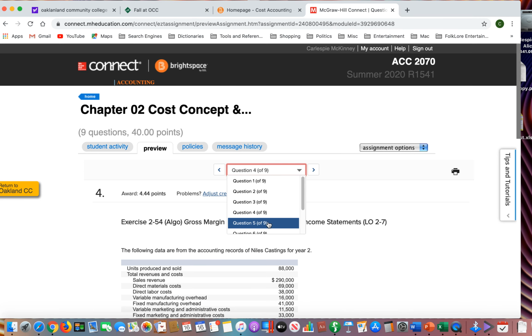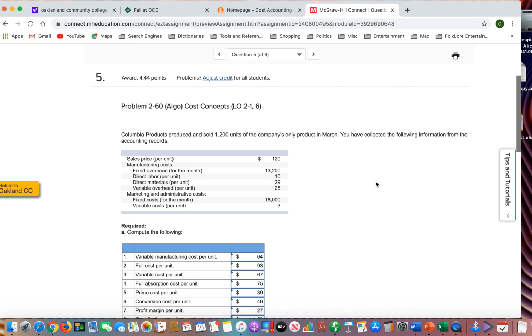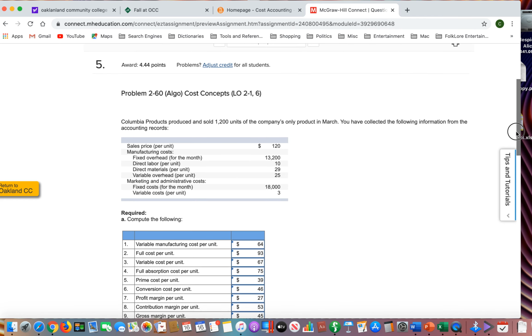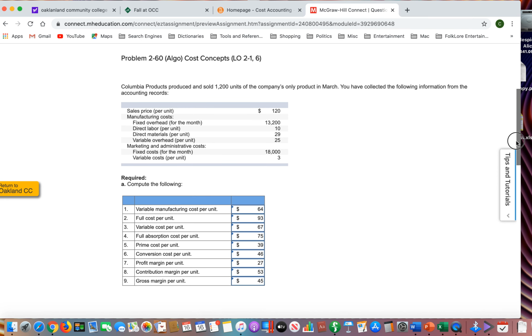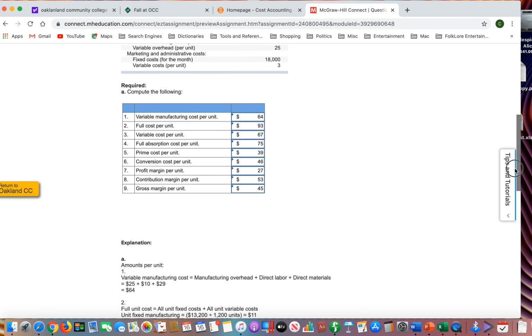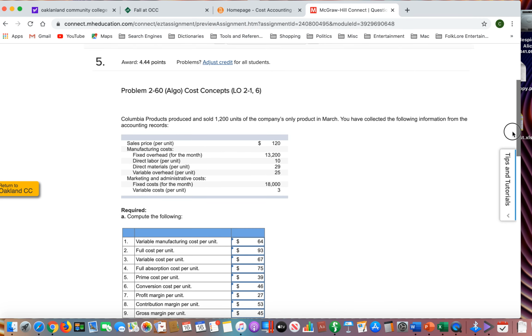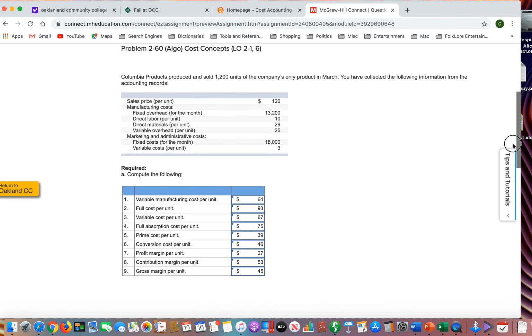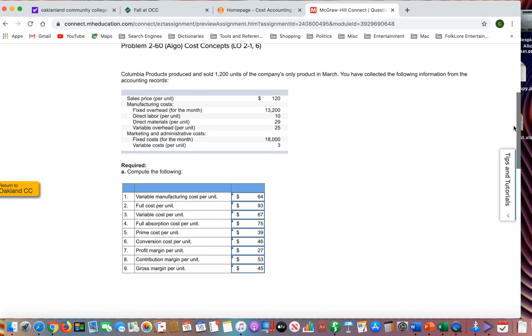Okay, let's see, number 5. Well, number 5 is the same as we did, I think, number 1. So we're not going to go over that. Again, it's straightforward, but I'll have you take a look at it here, of course. You can scroll through it, and you can freeze the frame if you need to and figure it out yourself. But we did the same thing pretty much in problem 1.